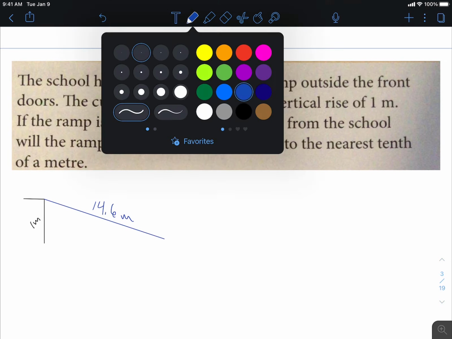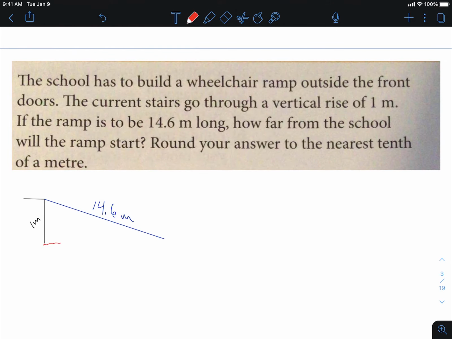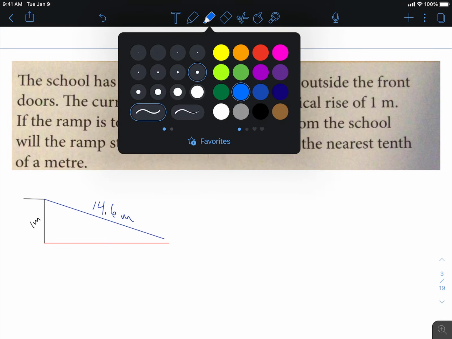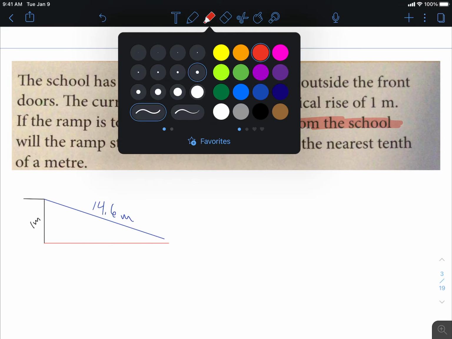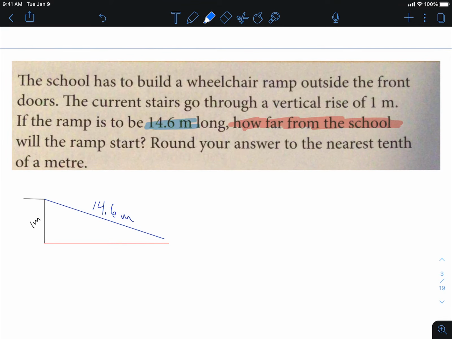The question is asking us how far from the base of the school the ramp needs to extend out, right? So I'll just highlight the question or where the information came from, so we can see where all this information came from.